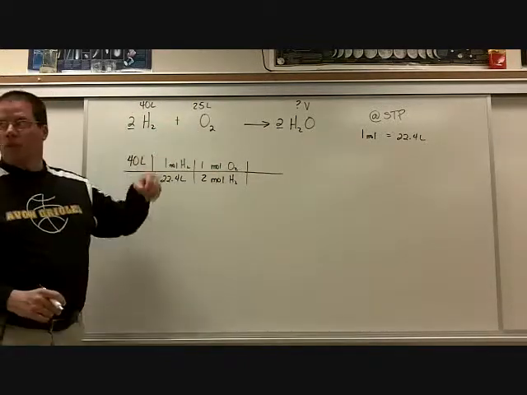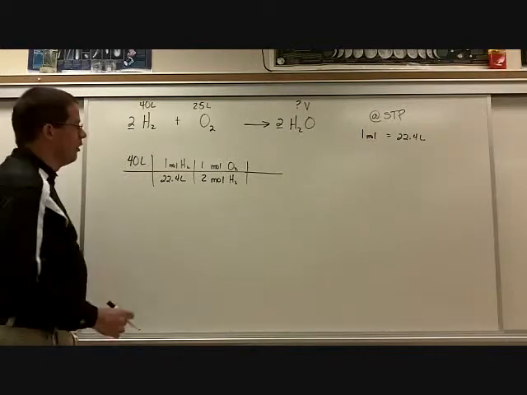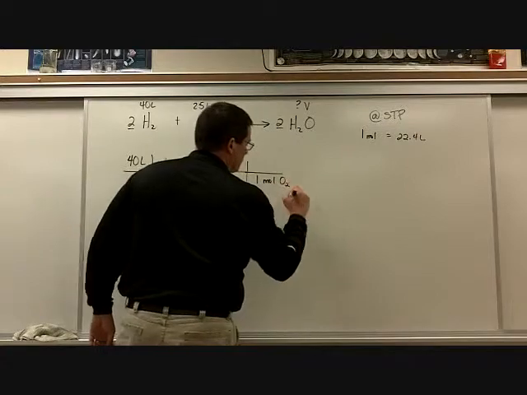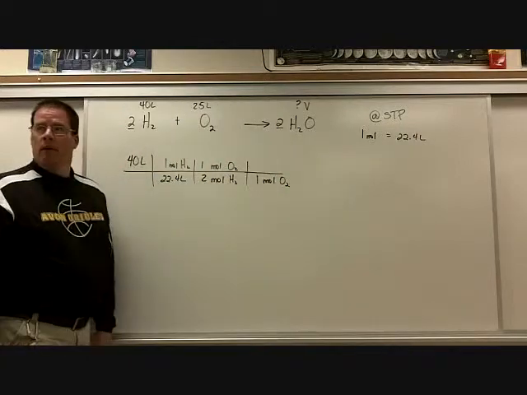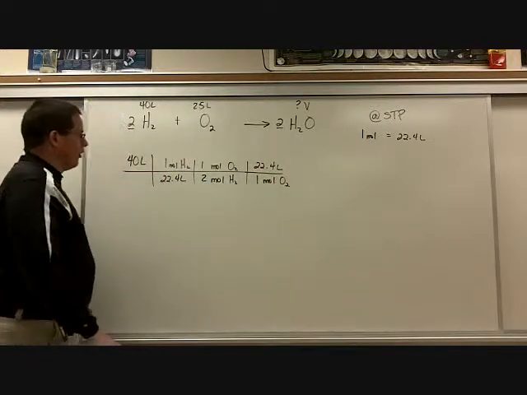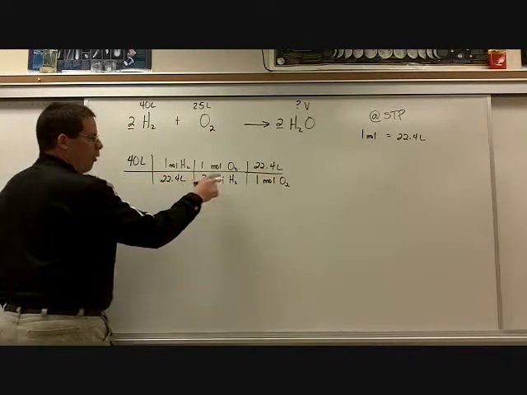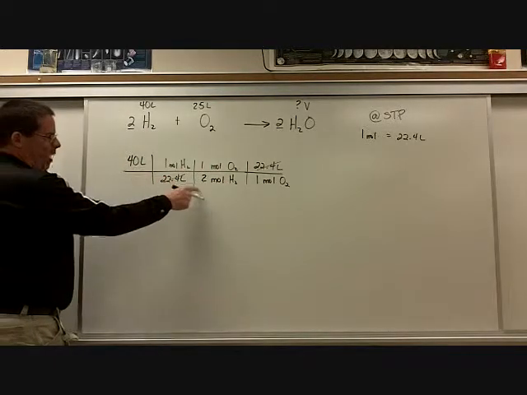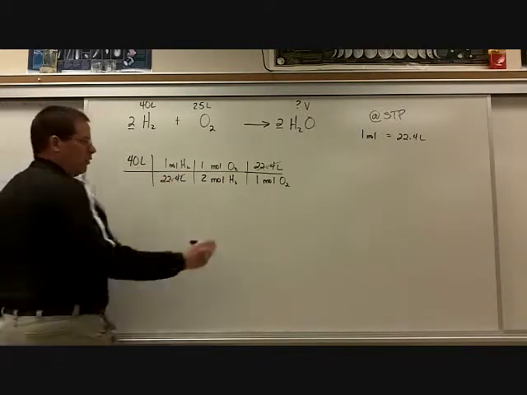Sometimes it'll be the same unit, sometimes grams or something else. So we put 1 mole of oxygen on the bottom. What goes on top? 22.4 liters. Perfect. The 22.4s cancel out, so really it's 40 divided by 2, which is 20.